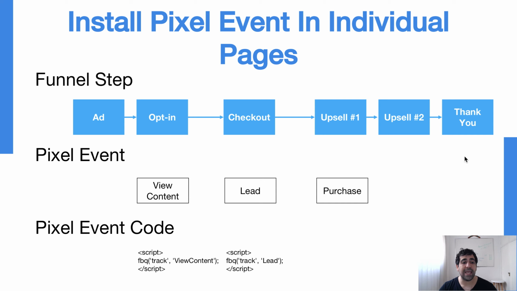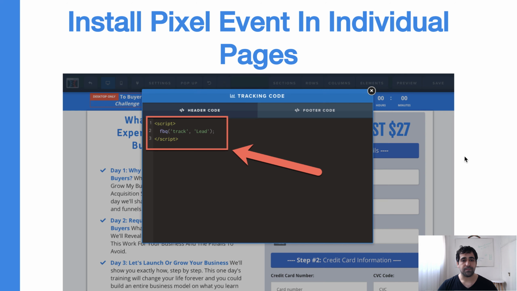Then if it is a lead, that is the code that you need to paste in your checkout page. And if it is a purchase, that is the code that you need to paste in your upsell number 1 after they purchase. In this case, this is an example for one of my funnels. The product that they were purchasing was a $27 product, and that is why the value is 27 and the currency is US dollars, right?